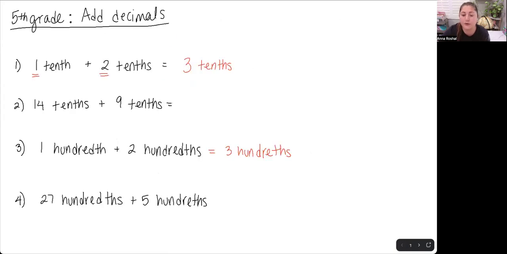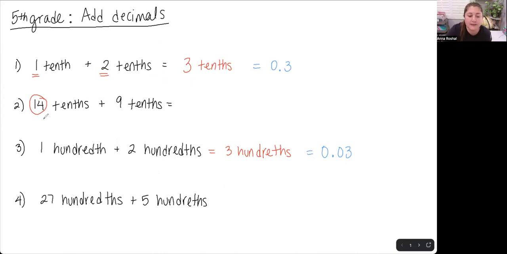Assuming we're on the same page here, this would just be 0.3, and this would just be 0.03. Now let's go back and take a look at 14 tenths and 9 tenths. I know I can't have two numbers in one column. There's not enough space for it, right?